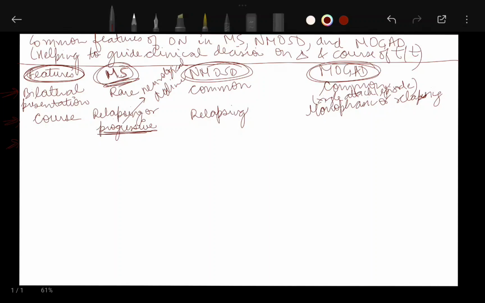After that, CSF oligoclonal bands. They are very common in multiple sclerosis, whereas uncommon in NMOSD and MOGD.